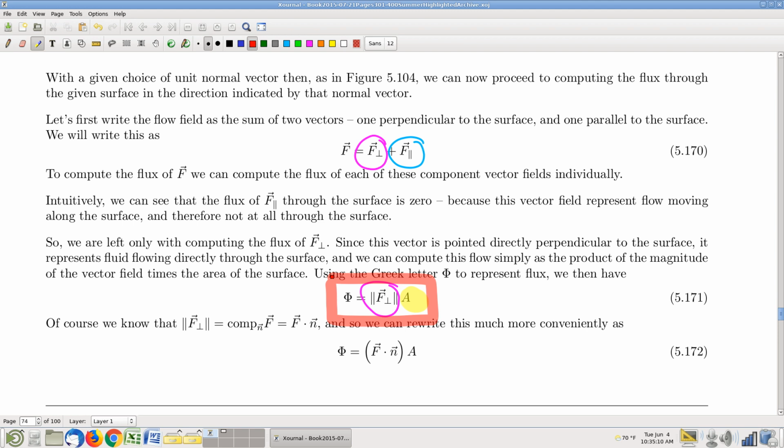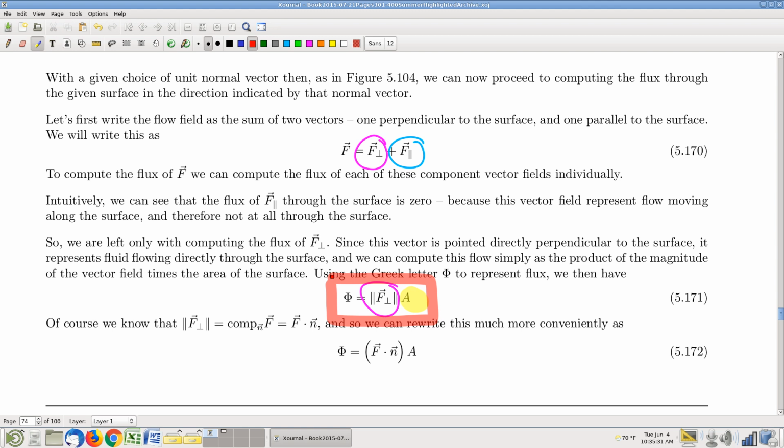And appeal to your intuition. I mean, the units work out. The speed in the perpendicular direction is distance per unit time. Area is distance squared. Just from a units point of view, altogether we have distance cubed per unit time. That's volume per unit time. That's what we're interested in.